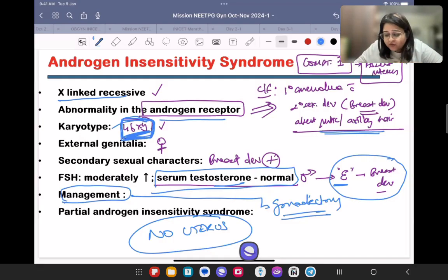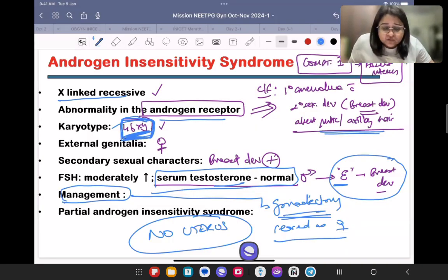ठीक है. So gonadectomy has to be done. They require intensive psychological counseling. They are usually reared as women. They've been brought up all their life as women. And most of them will continue to want to be female. So they already have breast development. They don't require additional estrogen, because usually breast development is complete by that time.